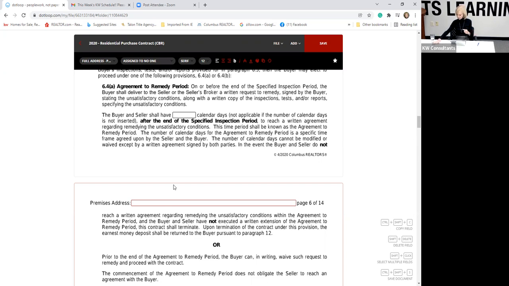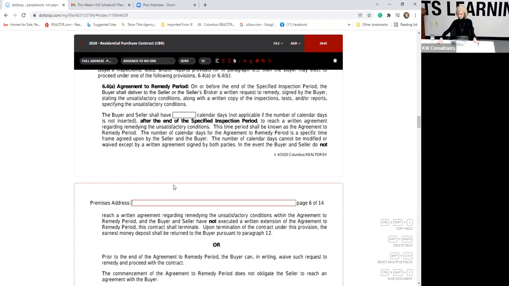And you also want to do a mutual release. Even if you have not collected their earnest money deposit, you still want to do a mutual release, because the mutual release says, hey, we're done with this contract. There's nothing else against the buyers or the sellers or the agents. We're just done with it. So even if you don't have that earnest money, still do a mutual release.